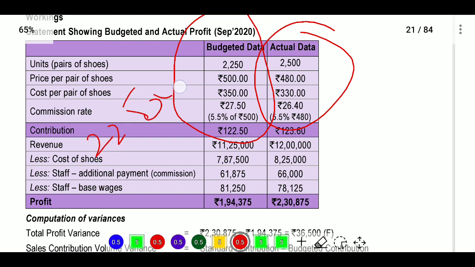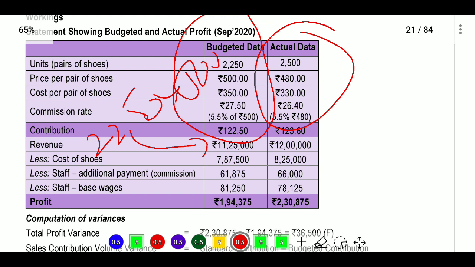Cost of shoes is 350 rupees, so 350 into 2250 is 78,500. Staff additional payments, that is the commission, 27.5 into 2250 is 61,875, and less staff base wages, 81,250.